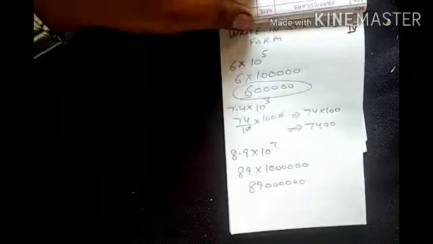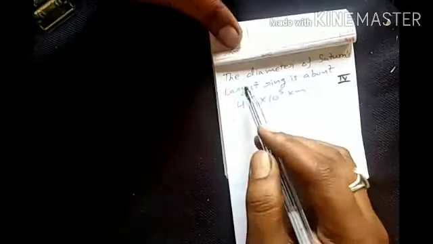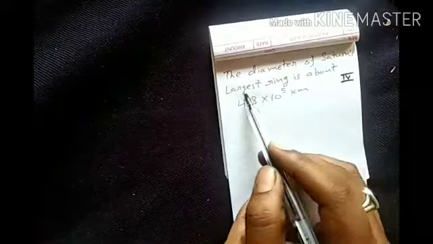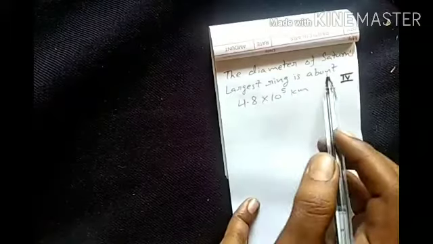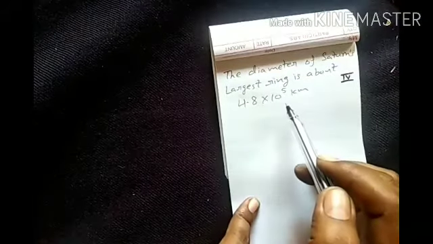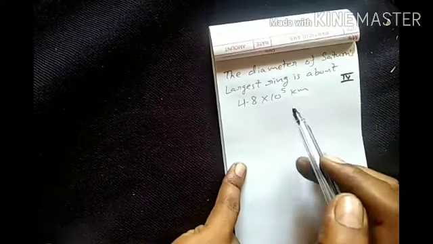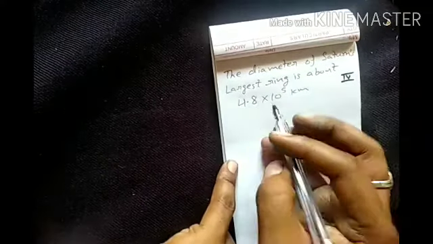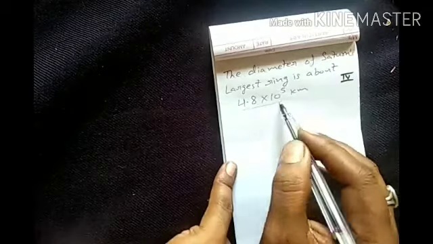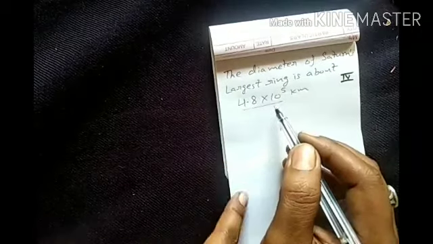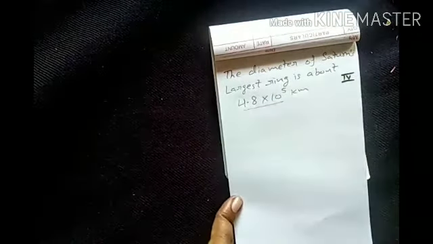So now the question: the diameter of Saturn's largest ring is about 4.8 multiplied by 10 to power 5 kilometer. So what is this form? This form is scientific notation and we have to convert this into standard form.